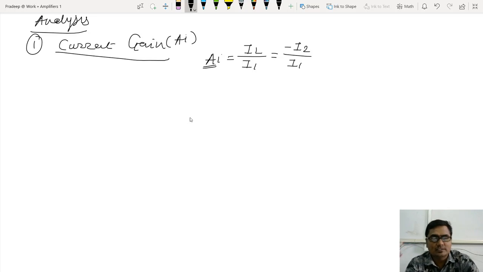Obviously, I have to consider IL as the load current. But what is equivalent to IL? It is minus I2, because IL is the same magnitude as I2 but opposite in phase. So I am writing minus I2 divided by I1. Now, look at the circuit.